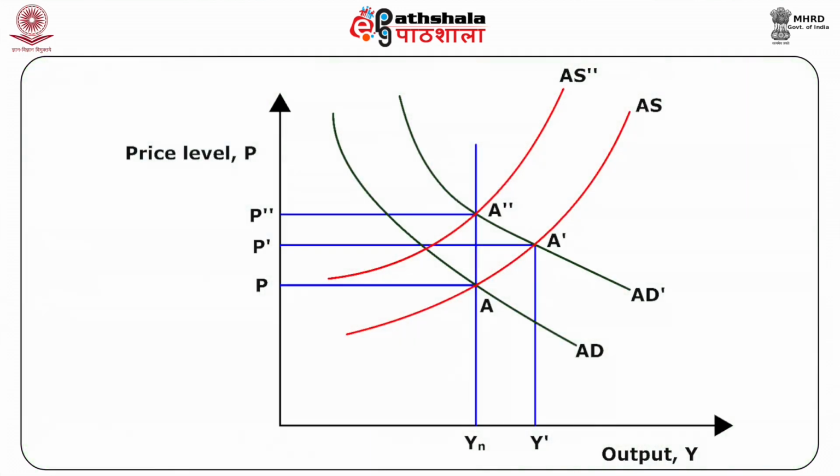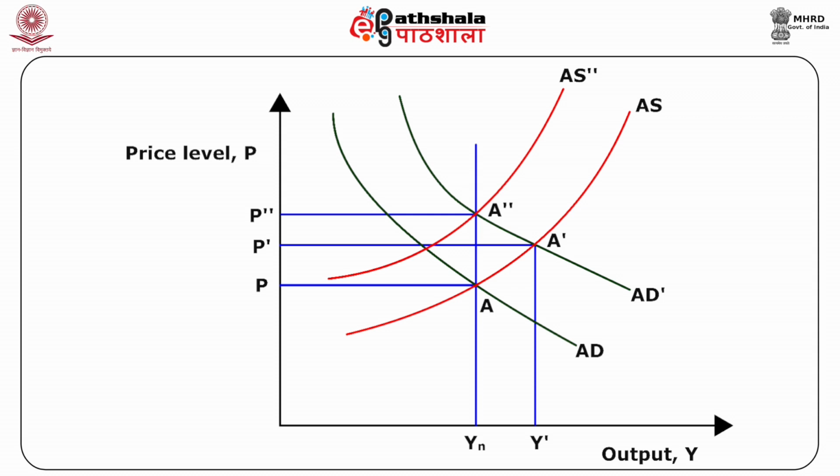Given that the price level is fixed, this leads to an increase in real money supply, that is M by P. Recall that the aggregate demand equation is given by Y = Y(M/P, G, T), where G stands for the government spending, T stands for taxes.